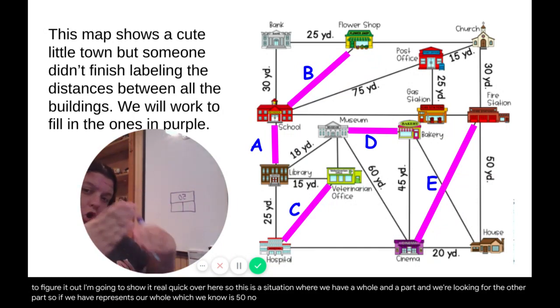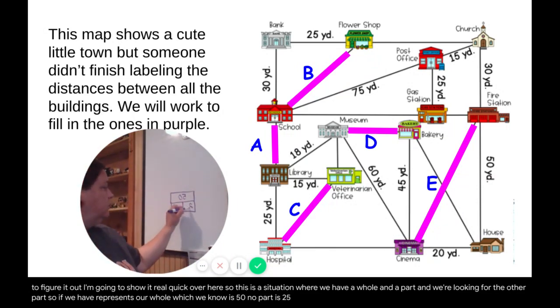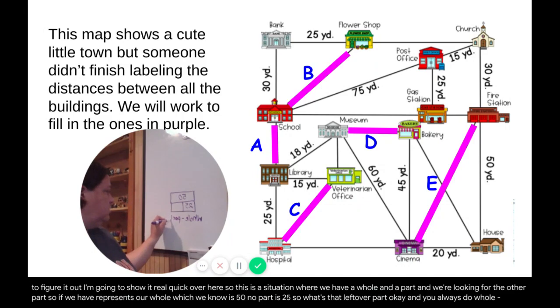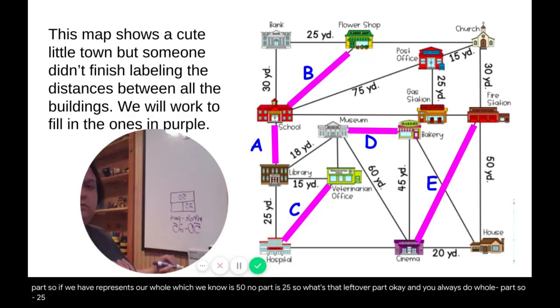We know part is 25. So what's that leftover part? Okay. And you'll always do whole minus part. So 50 minus 25. And that gets us to 25.